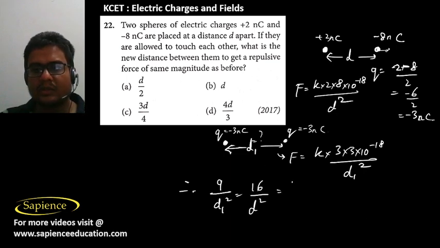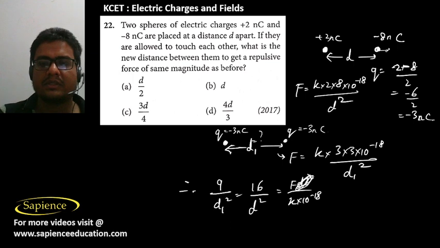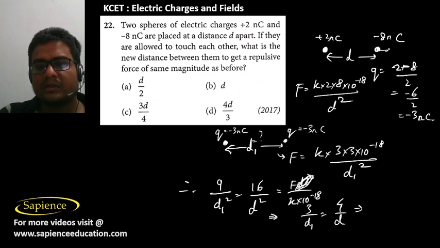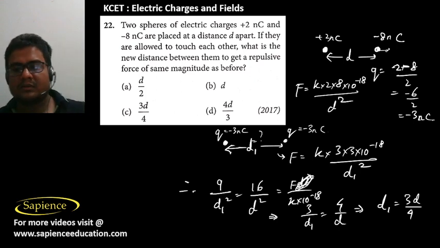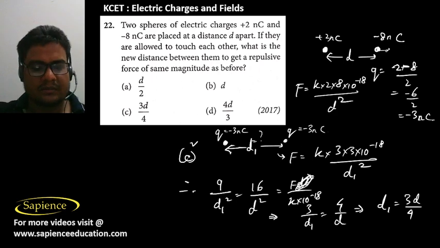So we can say that 3 by d1 is equal to 4 by d, that is d1 is 3d by 4. Option C is the correct answer.